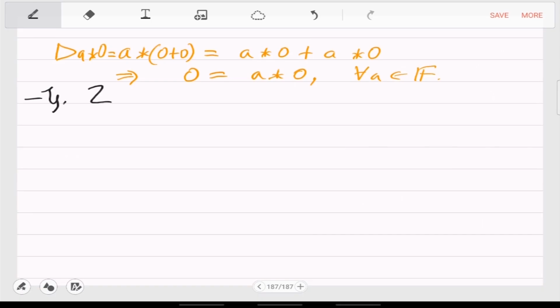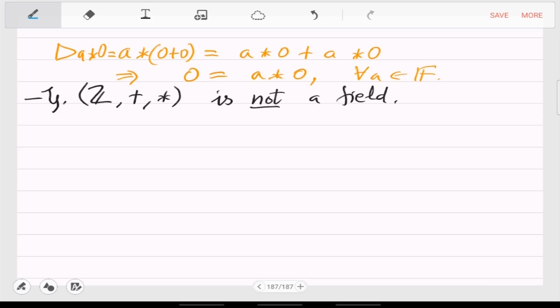What about the set of integers with the usual addition and multiplication? Is this a field? This is also not a field. Why? Division is not there, right? So what are the elements in the set of integers which have multiplicative inverses? Yeah, it's only plus minus 1.